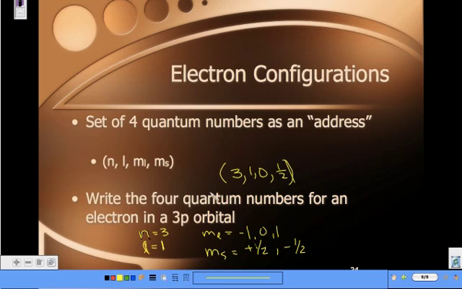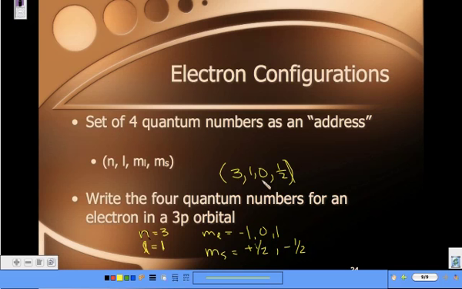When we get to rules for electron configurations, we'll think back to this: no 2 electrons can have the same set of 4 quantum numbers. So you can't be in the same energy level, same sublevel, and same orbital and have the same spin. If you're in the same energy level, sublevel, and orbital, those electrons have to have opposite spins.